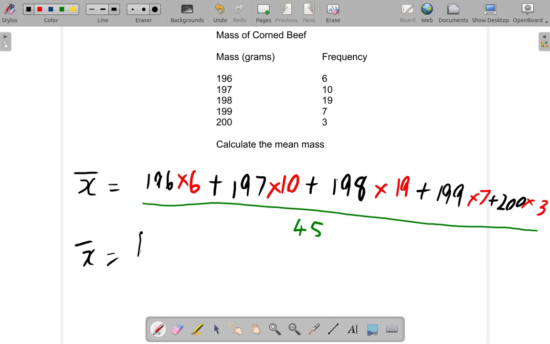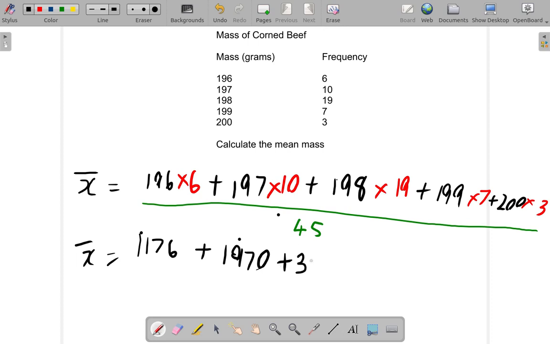So you should get 1176 plus, then 197 times 10, that would be 1970, plus 198 multiplied by 19, 3762.